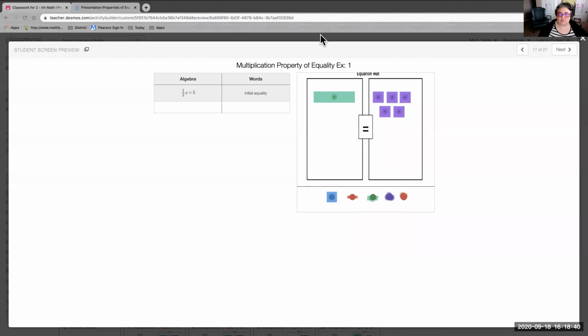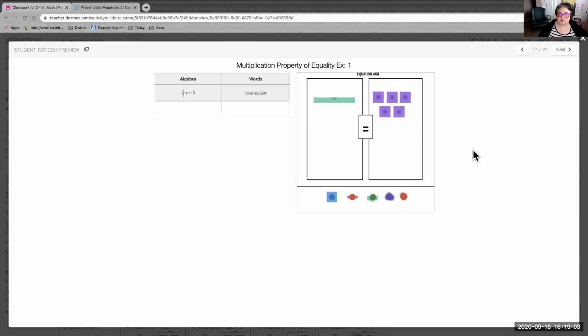But what if we didn't have all of the x? What if we only had half an x? Yeah? So that would be 1/2 x equals 5.